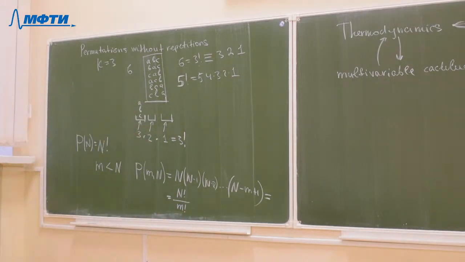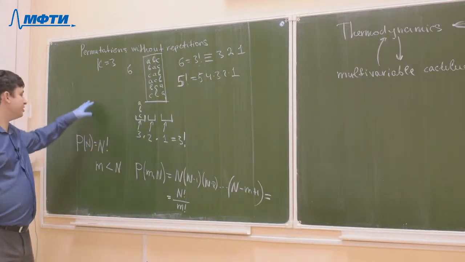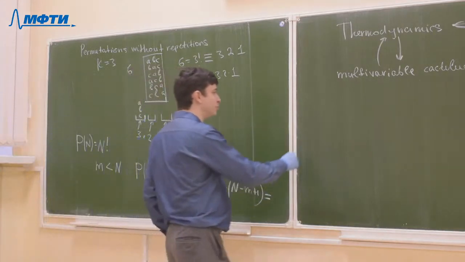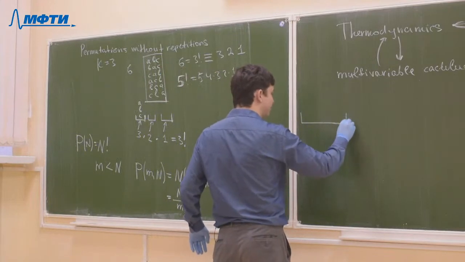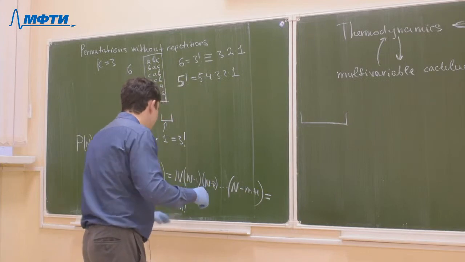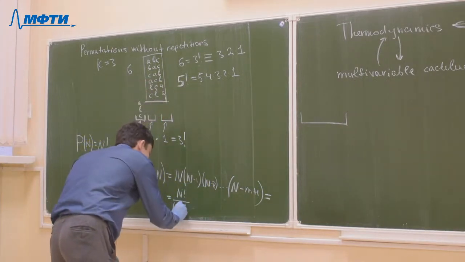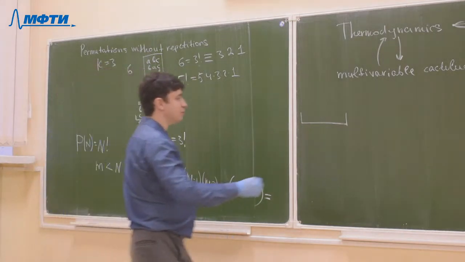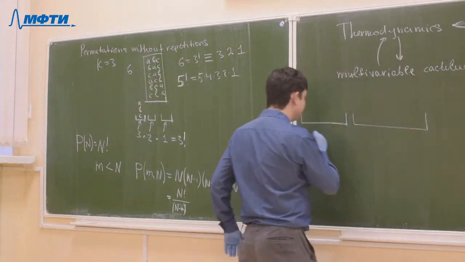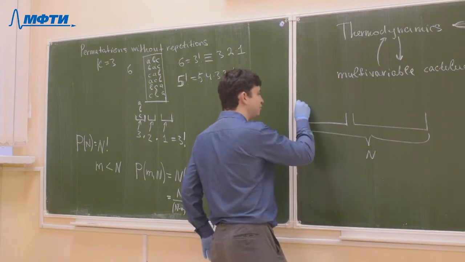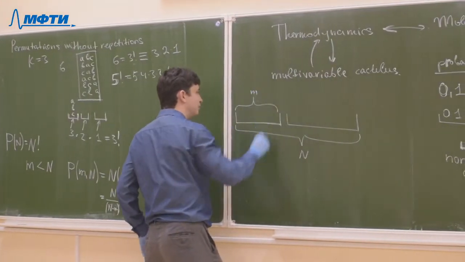This formula actually has some meaning. And the meaning is as follows. You can consider all permutations of all n objects and then look at the first m of them. Okay, not divided by m factorial, but by n minus m factorial. Excuse me. So you write a permutation of n objects, and then you consider the first m of them.